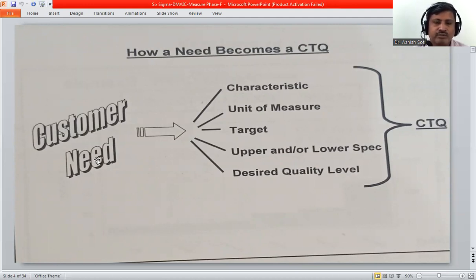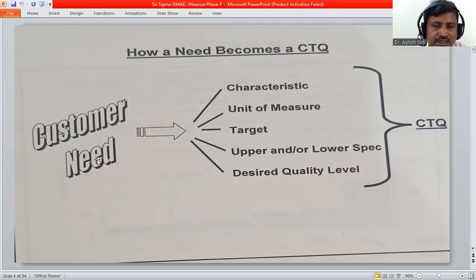We have to identify what is the characteristic of that thing, what is the unit we wish to measure, what is the target value, what are going to be the upper and lower specification limits, because the target is not always going to be met, and what is the desired quality level. So all this combined will define the CTQ.